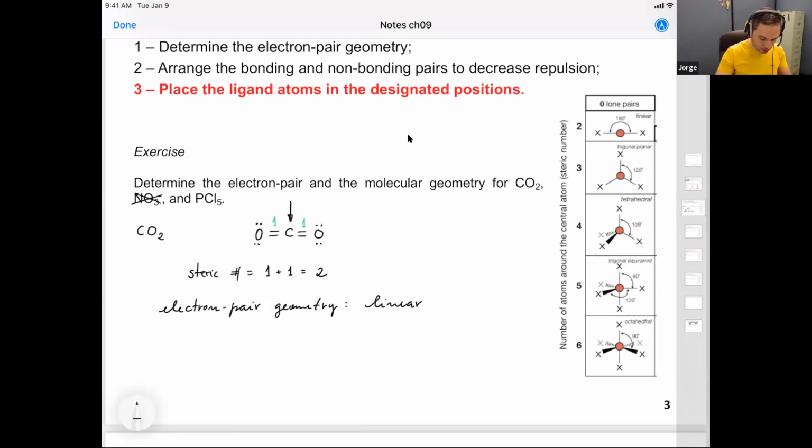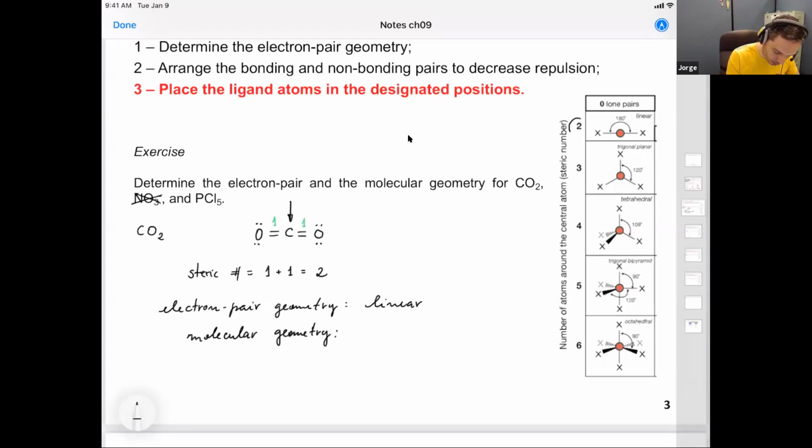Okay, so now let's look at the molecular geometry. For the molecular geometry, you can look at that big table that I showed you, and I'm showing part of the table on the right side here.